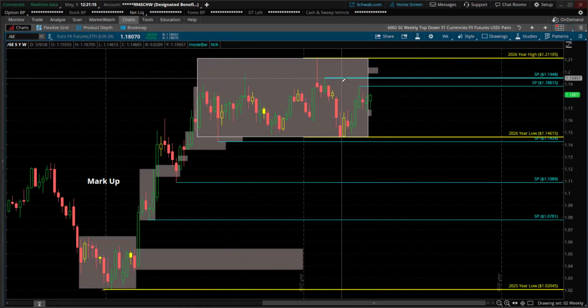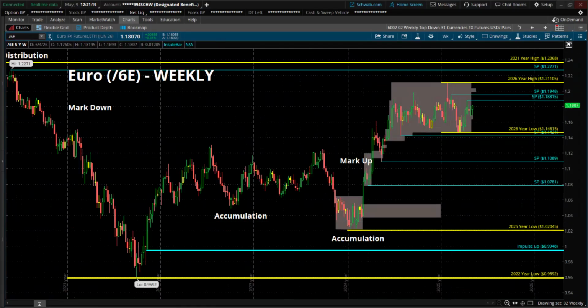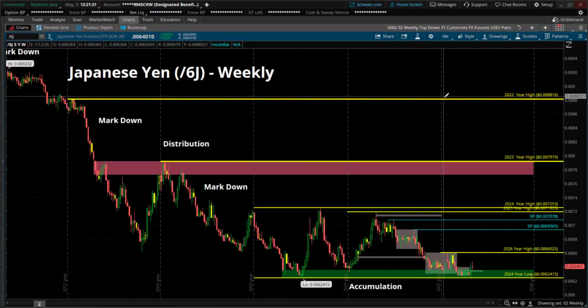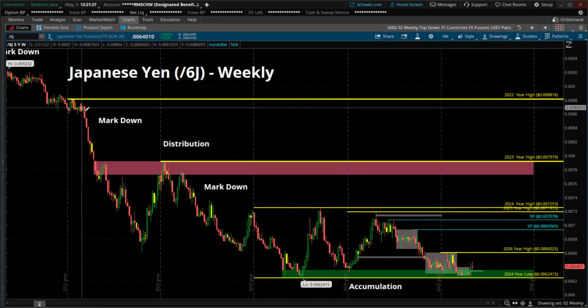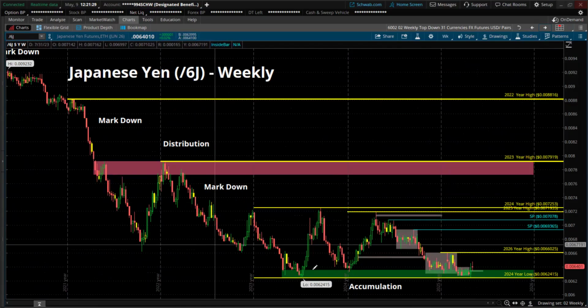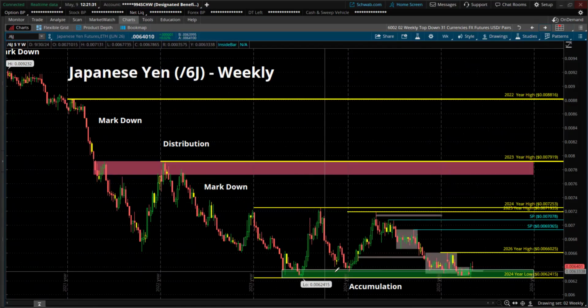Same with this one. Japanese yen, big difference, right? Big difference from the euro. Past 5 years, trending down. Here's the lows. Buyers been stepping in here.